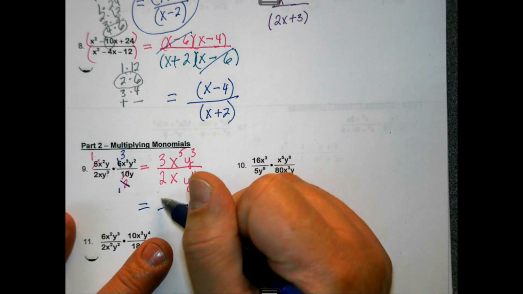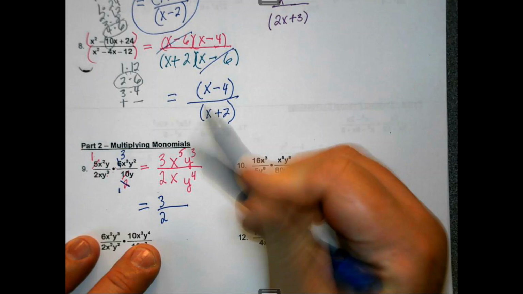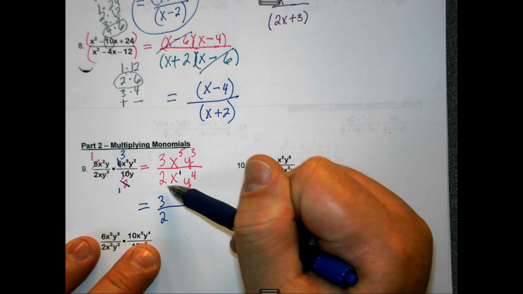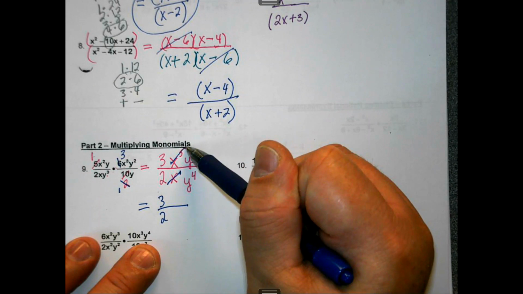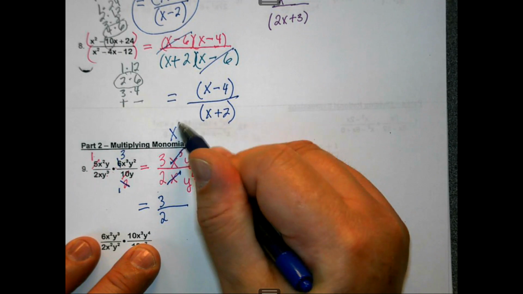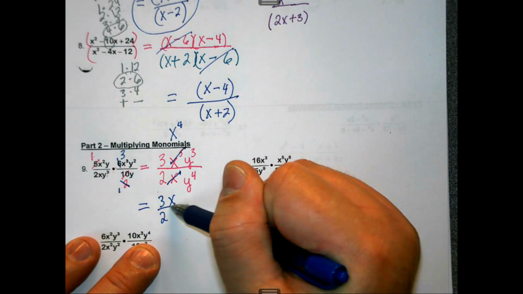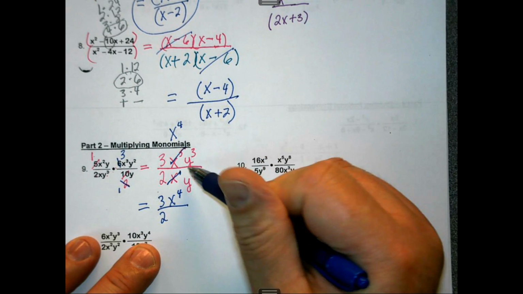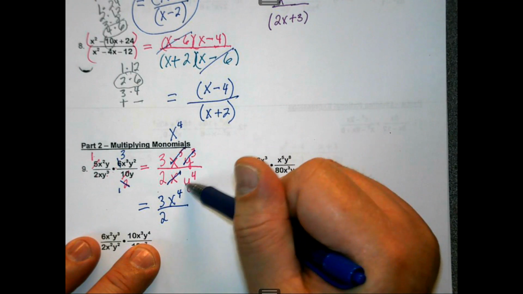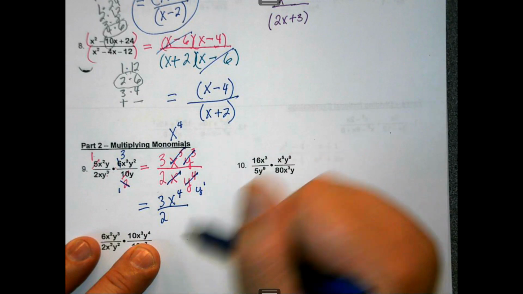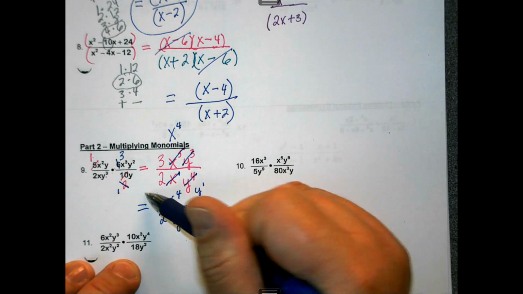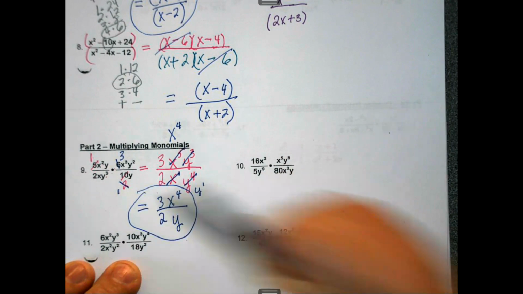Nothing's going to happen with my 3 over 2. I have x to the 1st, goes into x to the 5th, I have 4 left over on the top. And y to the 3rd, that means I'm going to have a y to the 1st left over in the denominator. And there you go.